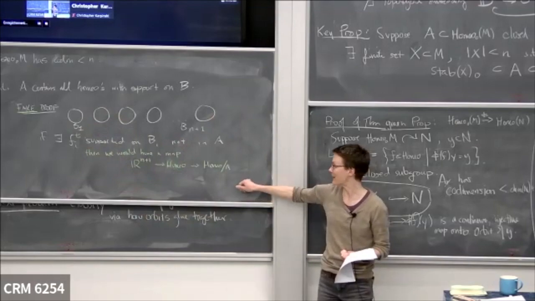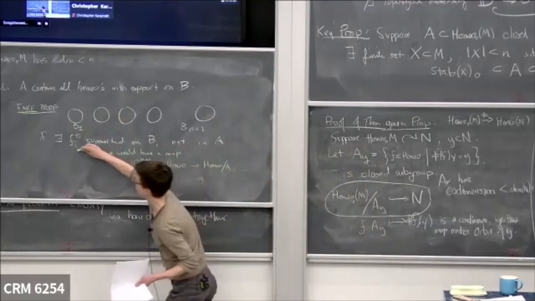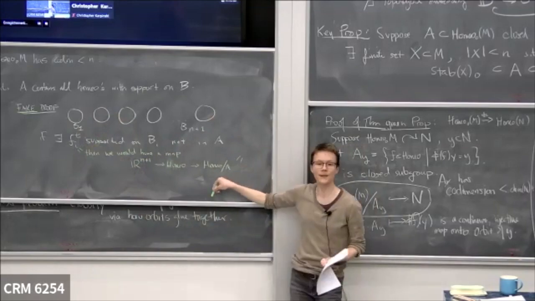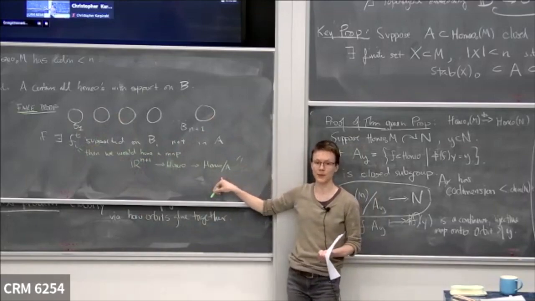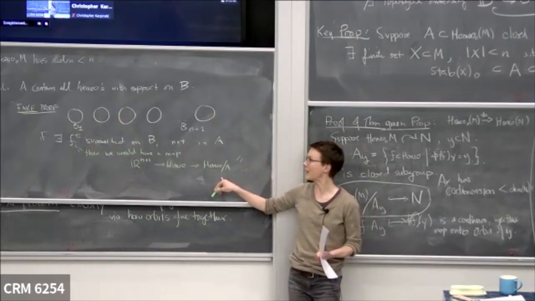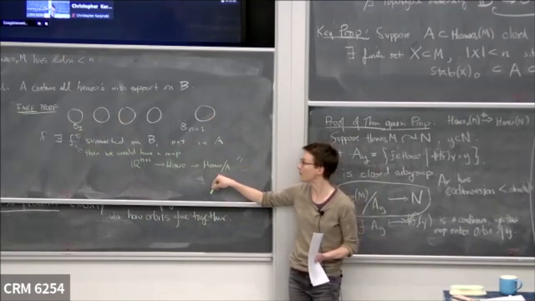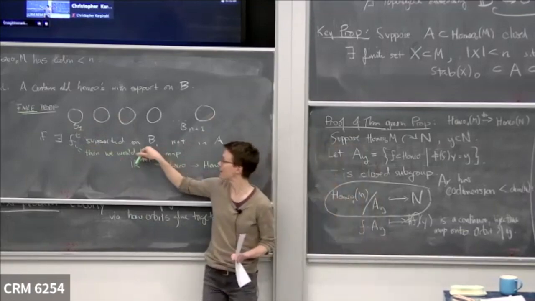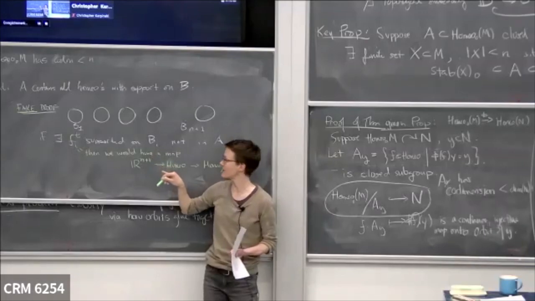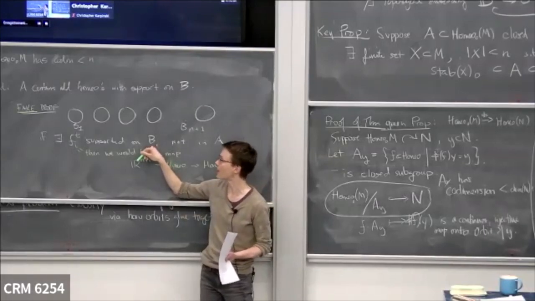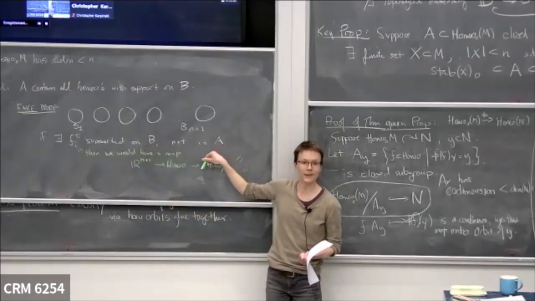But this is the philosophy, to make this idea push through. Being very careful, and this is where facts like simplicity of homeomorphisms supported on balls come in. This is where A being closed comes into the picture.